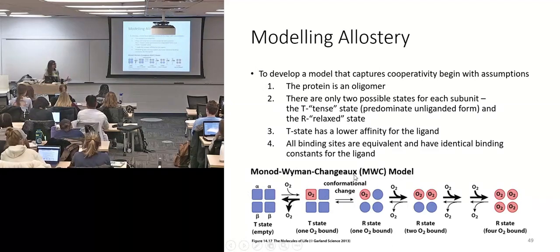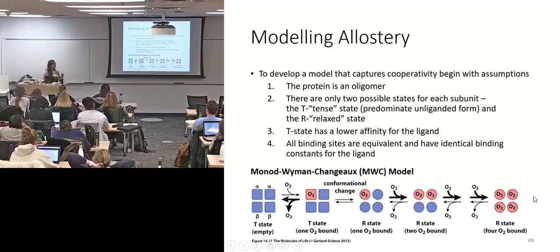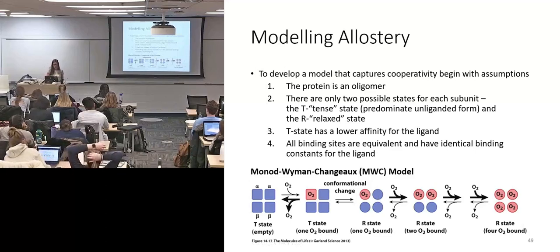And again, with this particular concerted model, all of them turn to the relaxed state at the same time after the binding of the first oxygen. And then we know that the affinity for each additional oxygen is going up. Okay? And it makes it easier for the next one to bind, the next one to bind, and the next one to bind.